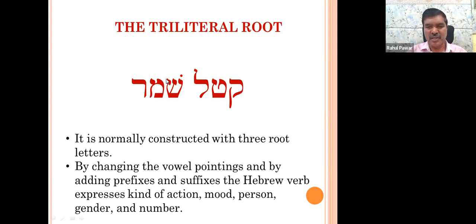Katalti is I killed. Then as we add the pronominal suffixes or the vowel pointings, by addition of prefixes and suffixes to this Hebrew verb, it shows a different kind of action, mood, person, gender, and number.